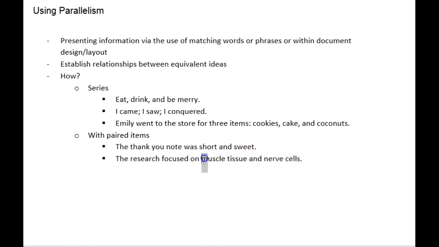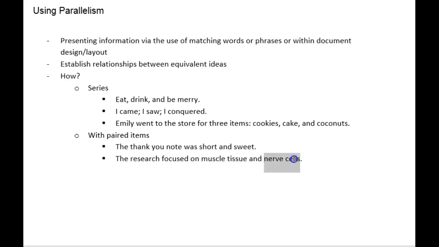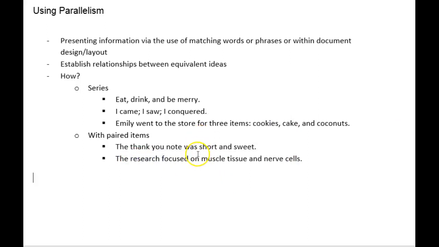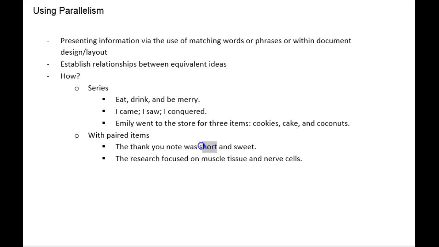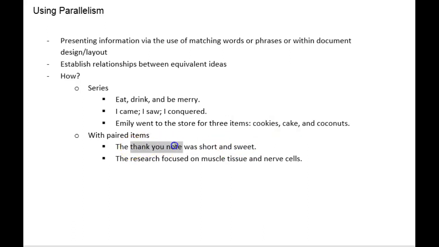Because not only are they part of the body, but they're both the research that was focused upon. Short and sweet are paired up because they're the two words used to describe the thank you note.